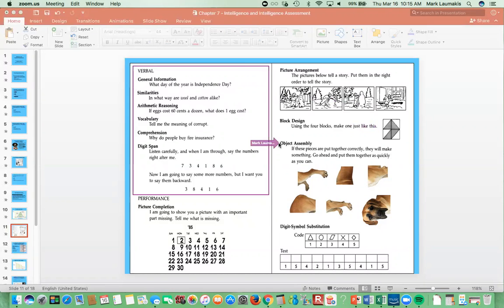Digit symbol. This is an interesting one in terms of age, right? Your 75-year-old grandmother gets compared to other 75-year-olds. She's given 2 minutes to do the subsection. She's not going to move through it as quickly as you will. Because it involves doing what? It involves putting the correct symbol above each number, and you have to work left to right.